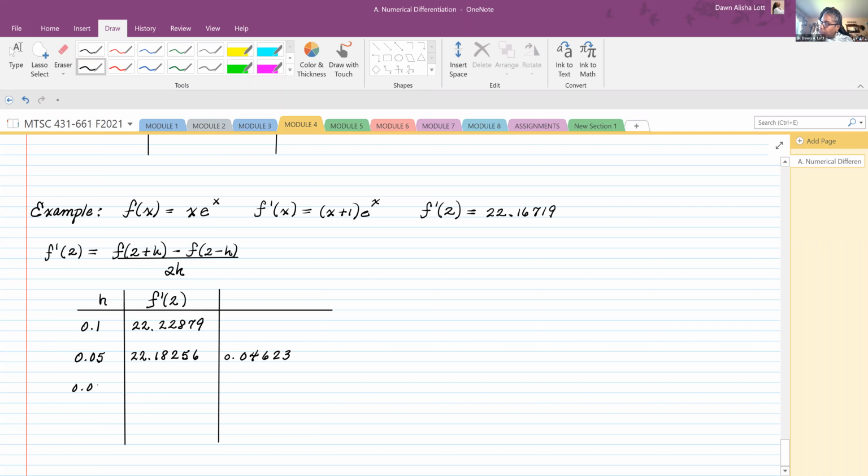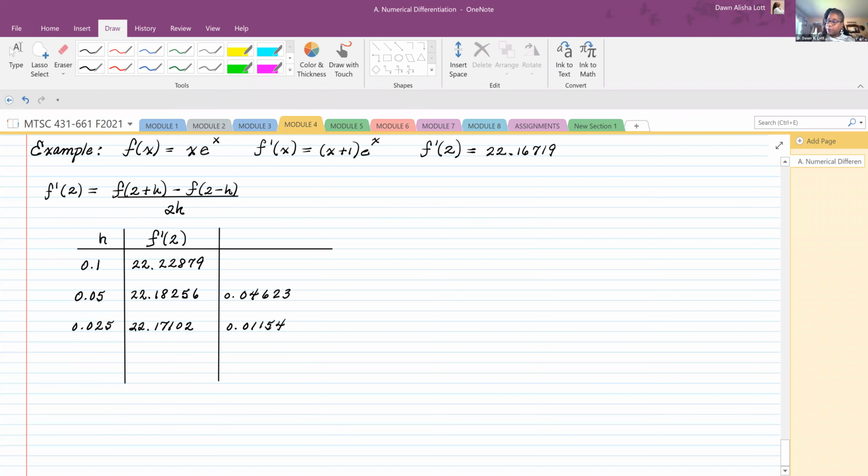And then I'm going to divide by 2 again. So I get 0.025, and now I get 22.17102. And now you can see my error, 0.01154. So it's gone down by approximately 4, which is what we expect. And I'll do 0.0125, and now I get 22.16813.